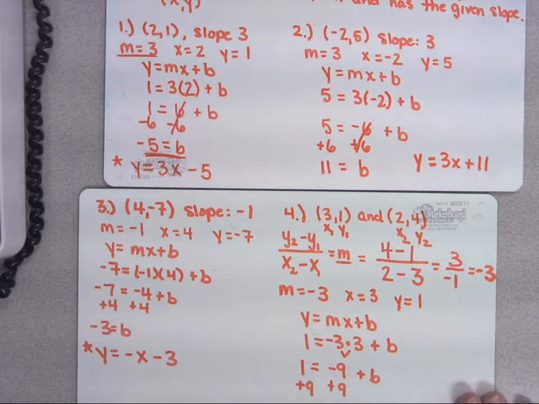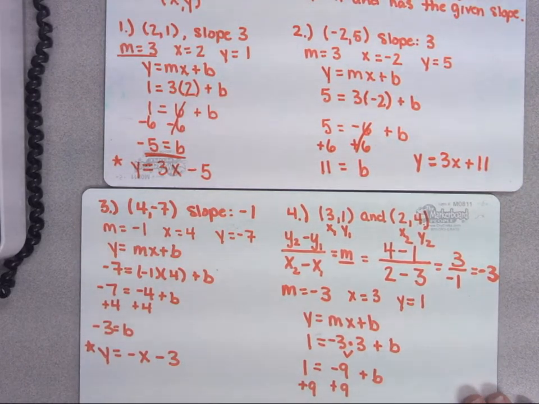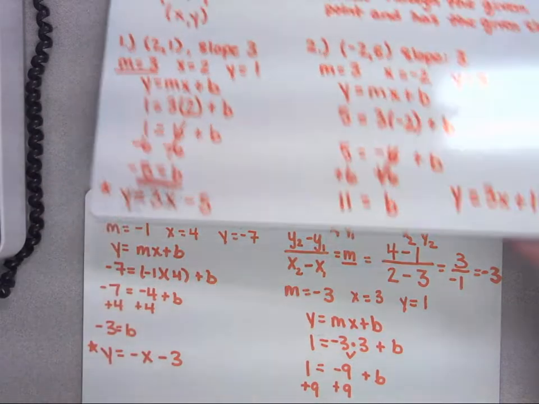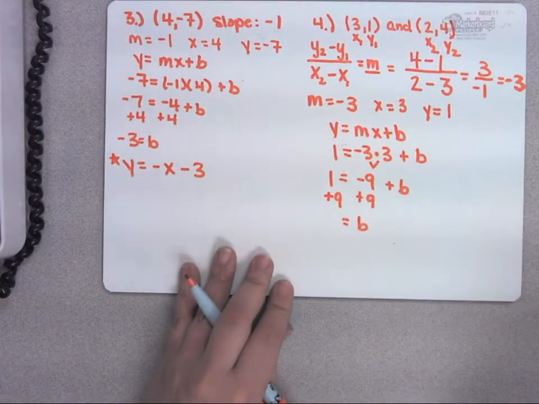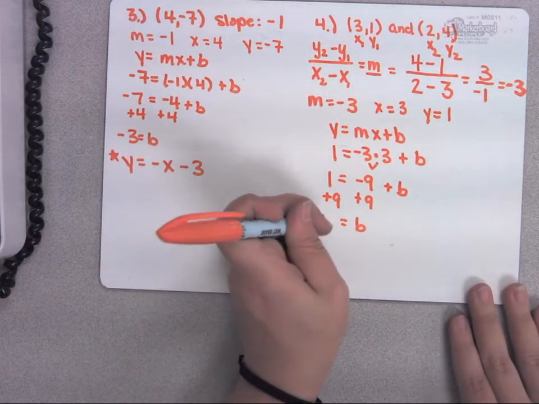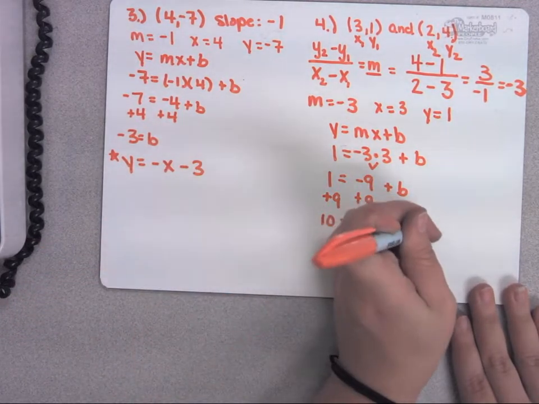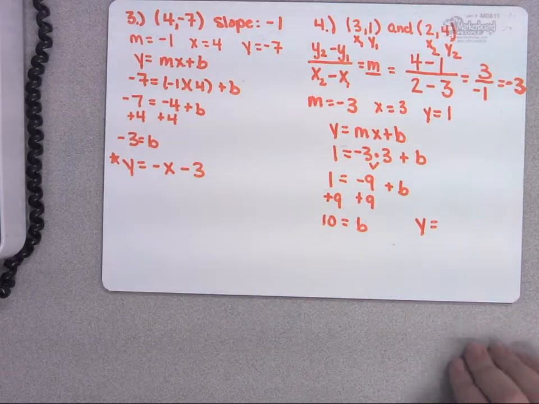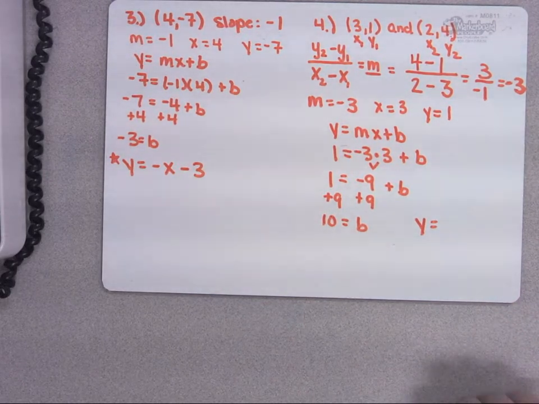What's b equal in this one? What's b equal here? 10. So who would like to tell me my final equation answer? That has not answered me yet today. Anybody?